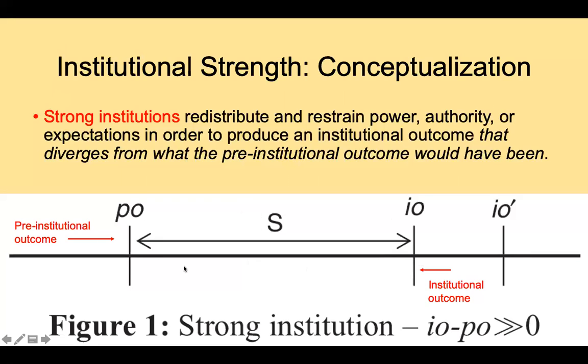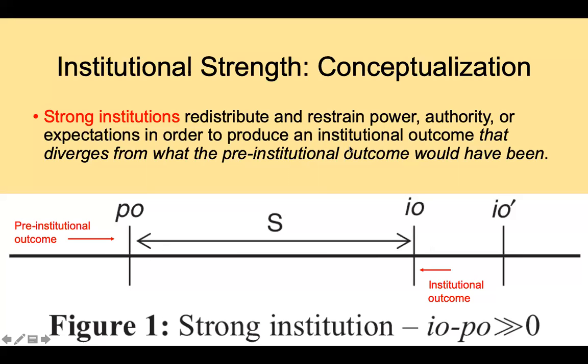So in the state of nature, we have this situation where before we create the institution, the environment is pre-institutional. We impose the institution and the institution changes the environment and produces a different outcome than would have obtained had the institution not been created.